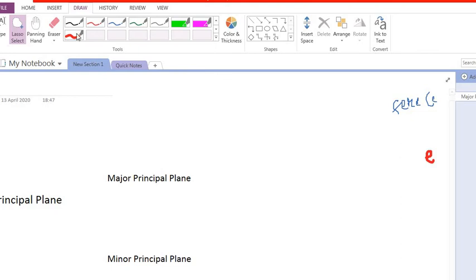Once the principal plane is clear, the principal plane is again of two types: major principal plane and minor principal plane.